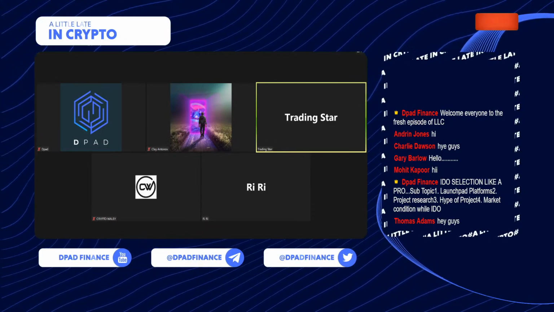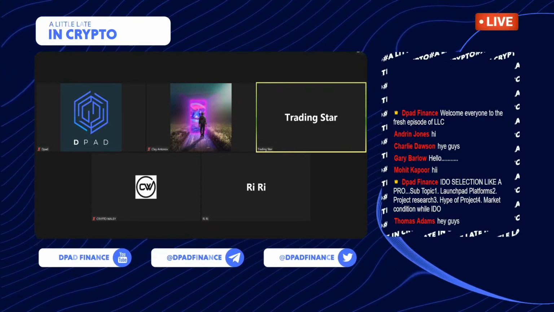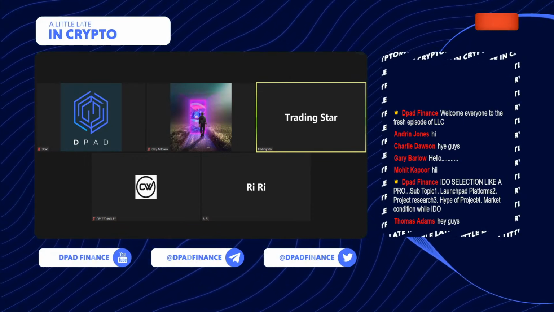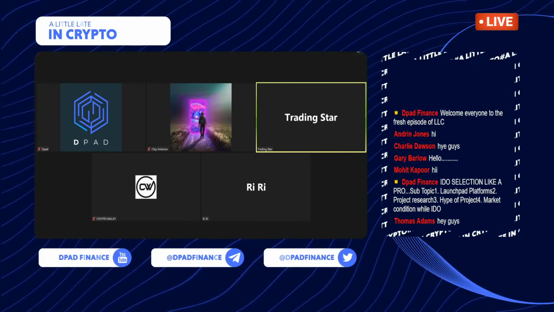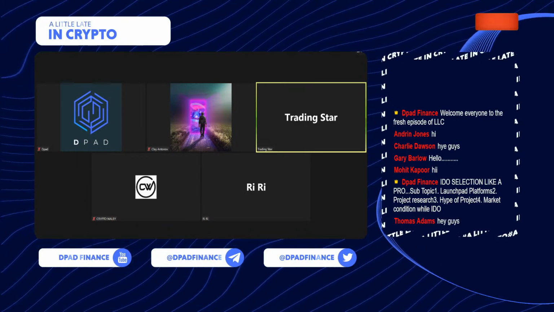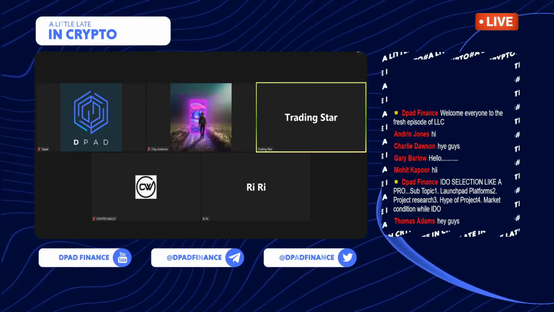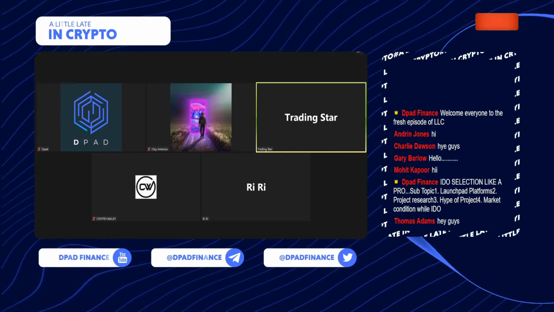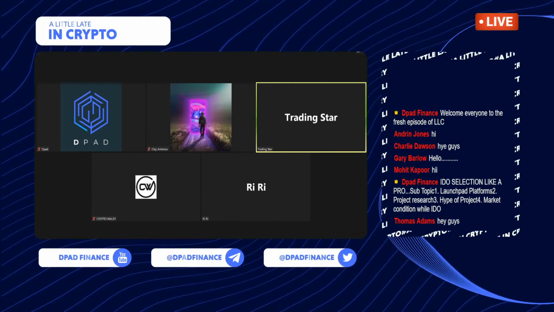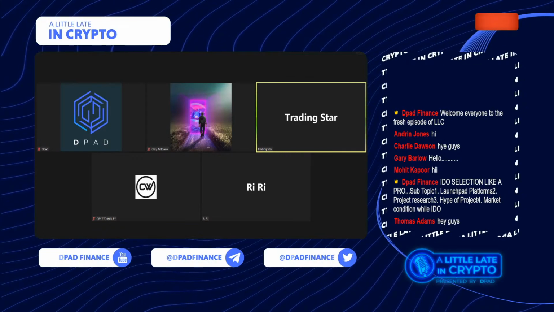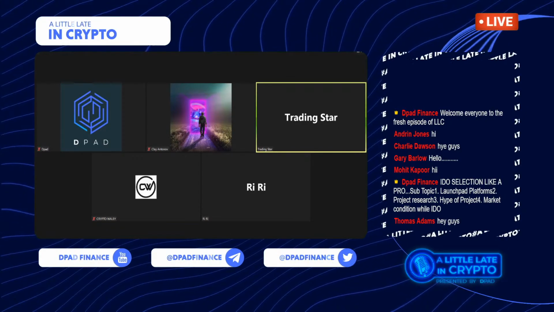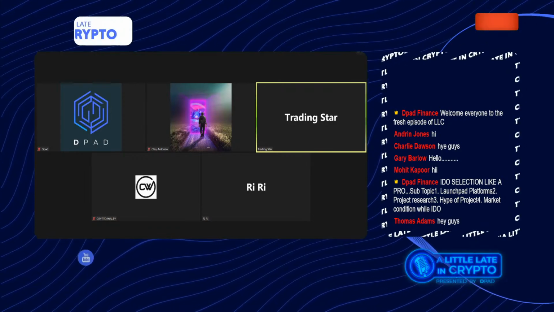That depends on the number of projects, because if that launchpad is offering like 5 to 6 in a month, it will probably sooner have a new IDO, and that will create some more hype and some more utility for the launchpad token. That will make it more stable than a launchpad having only two projects in a month. In that case, the price volatility of the launchpad token will be comparatively higher.